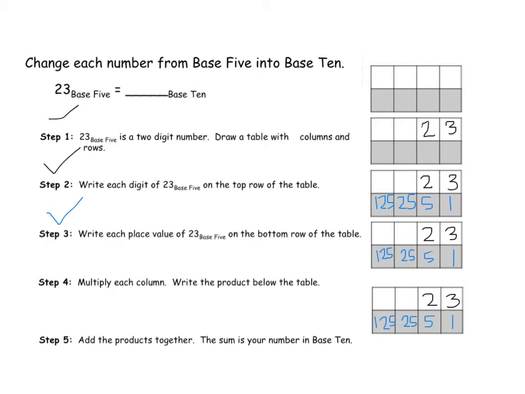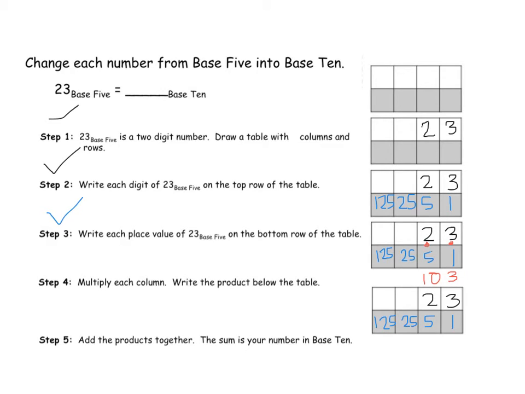Step 4, we are going to multiply each column straight down and write the product below the table. So 3 times 1 is 3. And 2 times 5 is 10. Okay?